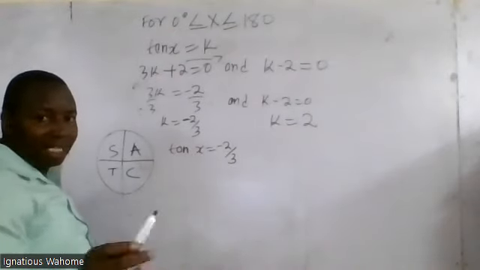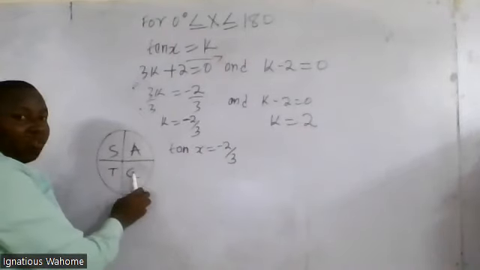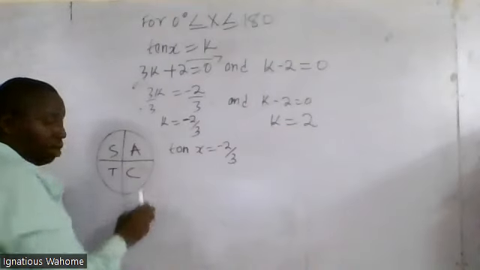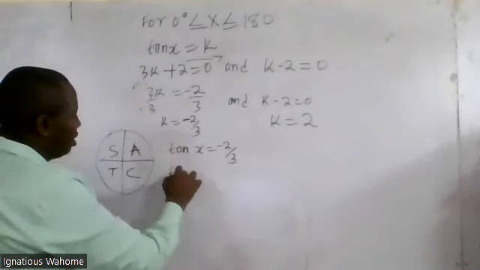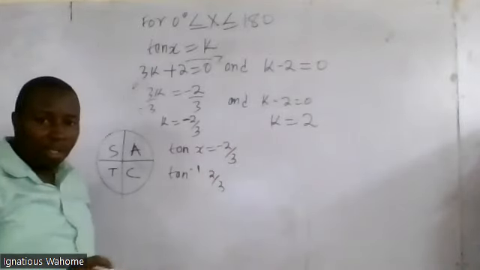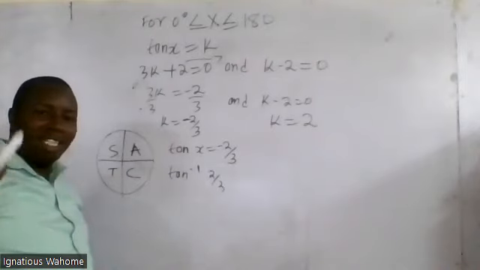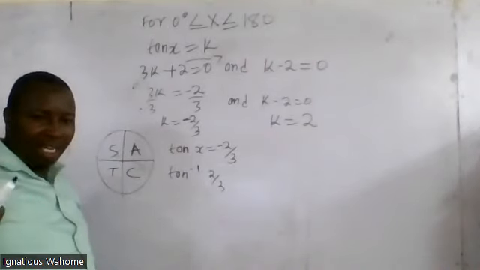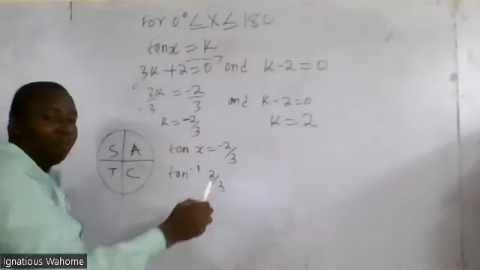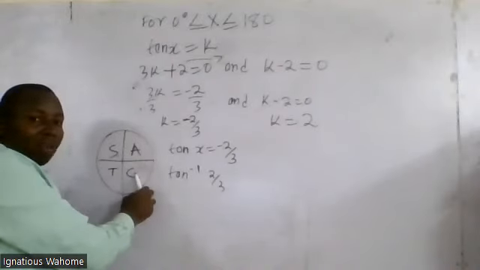You check where tan is negative: in the second and fourth quadrants. Can you get tan inverse of negative 2 over 3? No. So this negative is just to guide you to know in which quadrant the value of x lies.